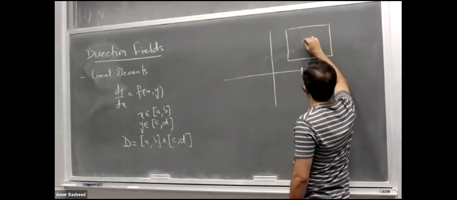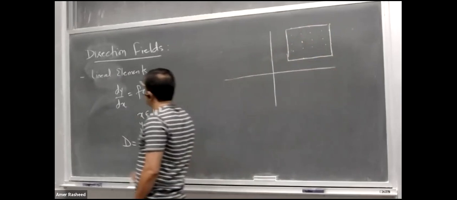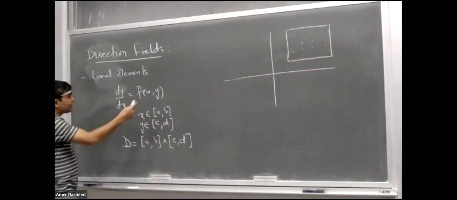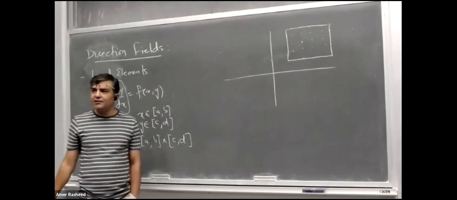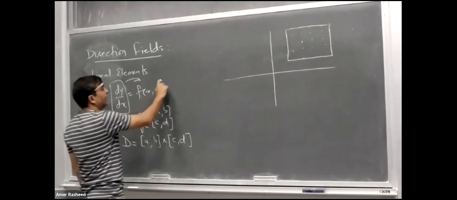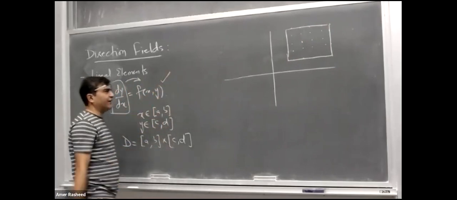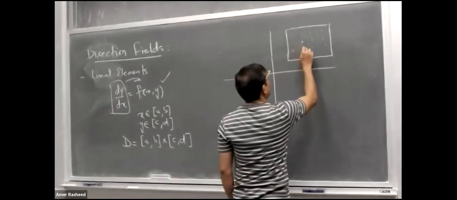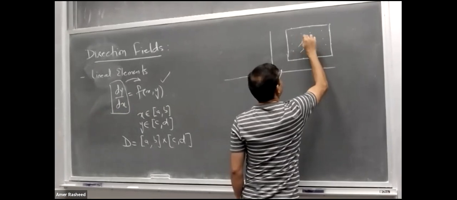And at each point, we compute the slope. What is the slope? Because dy by dx is a slope or gradient at any certain point. So this gradient is equal to this. The gradient can be calculated if we have x and y, because this is f of x, y. So at each point, we find the gradient and we plot it, just like this.